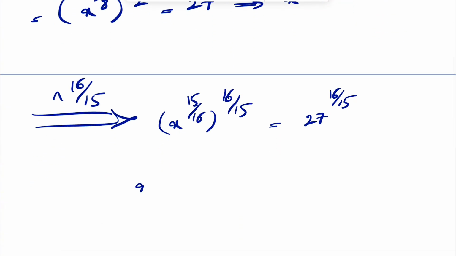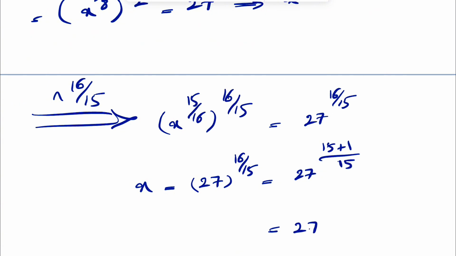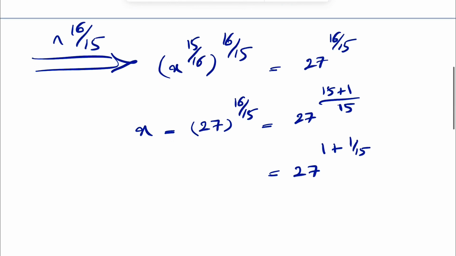On the left side, we end up with x, and on the right side we have 27 to the power of 16 over 15, which can be written as 27 to the power of 15 plus 1 over 15. So the exponent is 27 to the power of 1 plus 1 over 15.